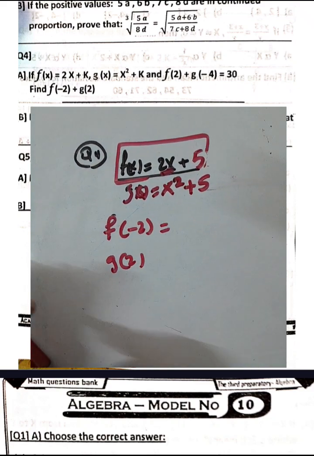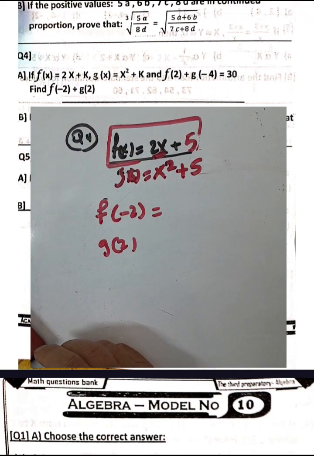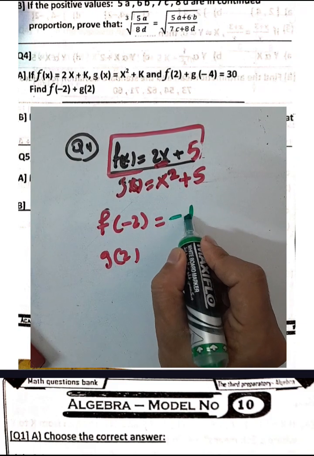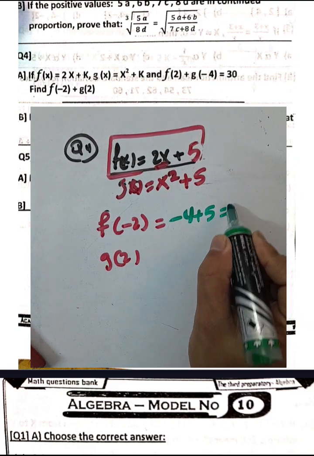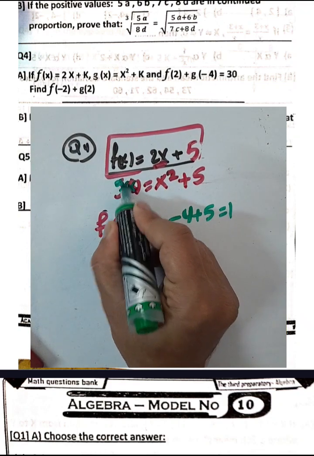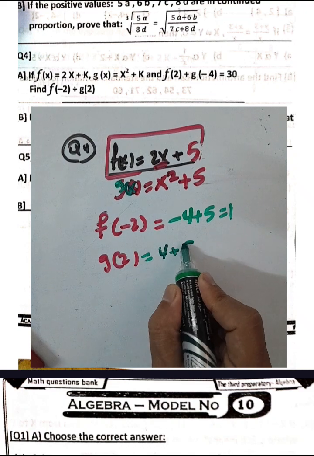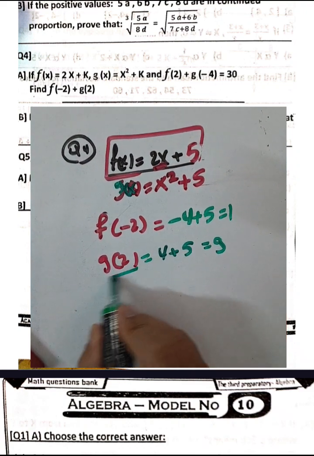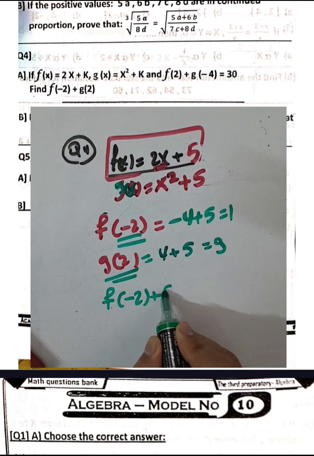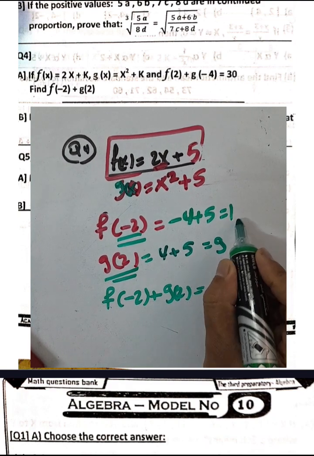Put negative 2 in this function. 2 times negative 2 will be negative 4, plus 5, it will equal 1. And g of 2, put 2 here. 2 power 2 equals 4. 4 plus 5 equals 9. We have two functions. Then we can write the result of f of negative 2 plus g of 2, first and second.